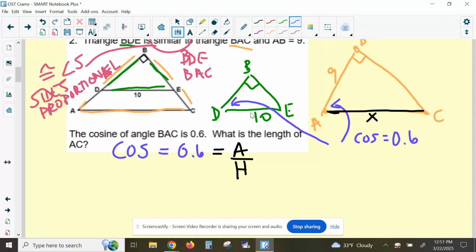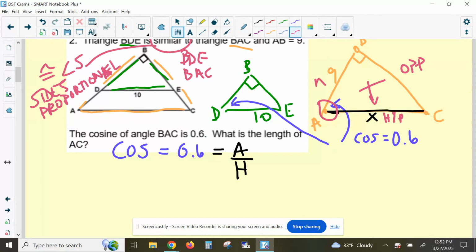So the adjacent over hypotenuse of BAC. Adjacent is going to be, let's go ahead and label all these. So if I'm talking about this angle, this is my hypotenuse, right? This is my opposite.